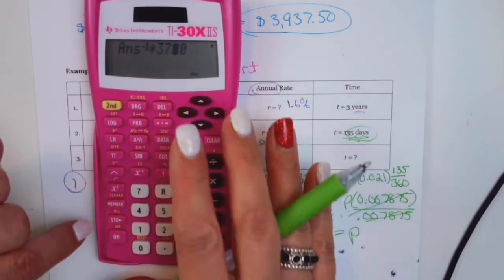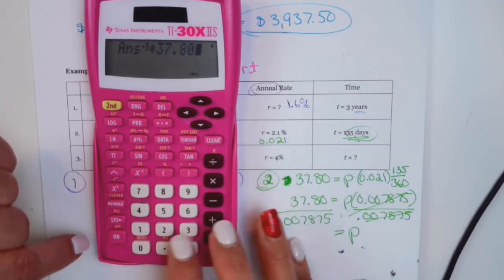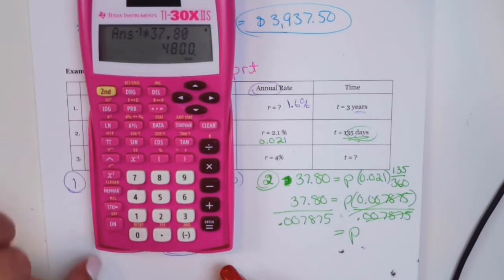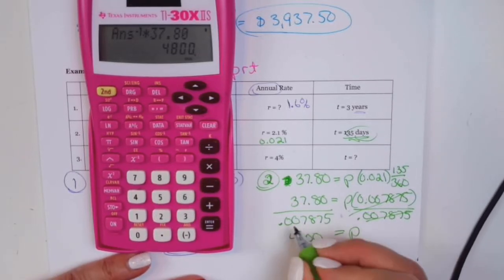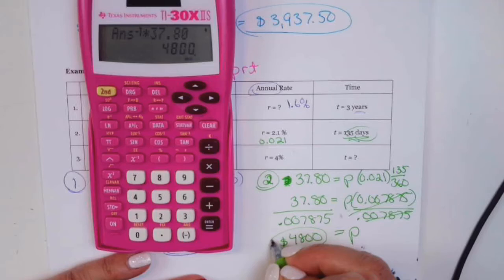There we go, and I get $4,800. Now, you need to be very, very careful if you're using that.